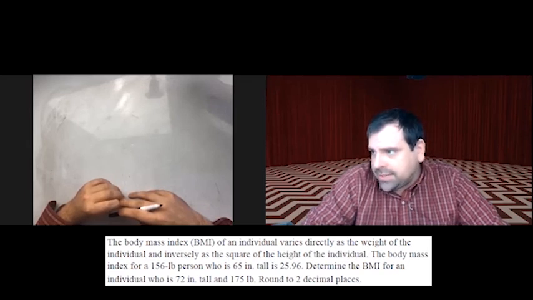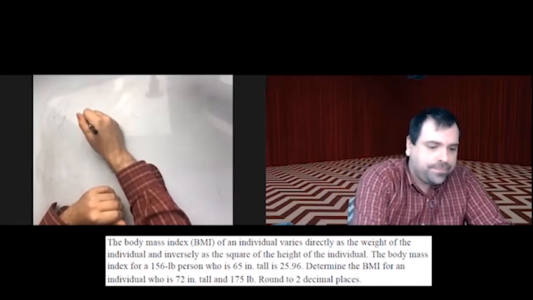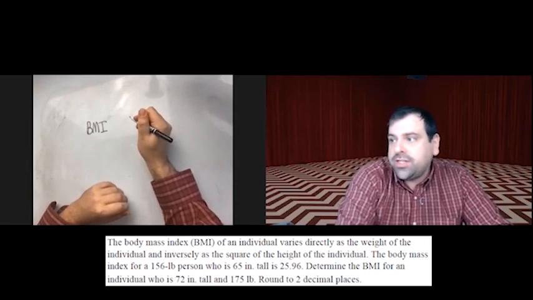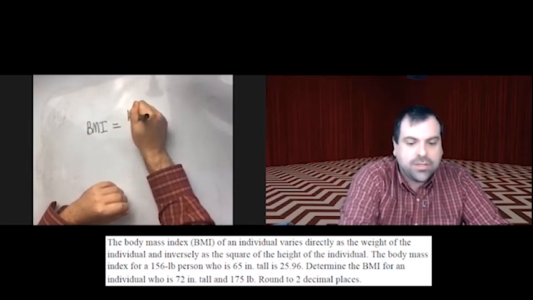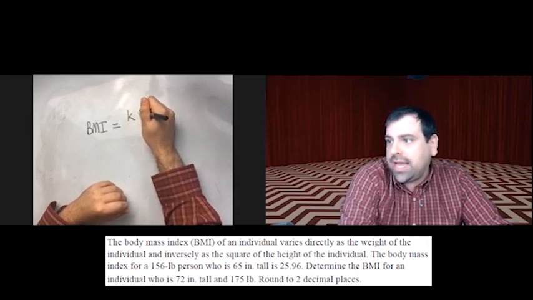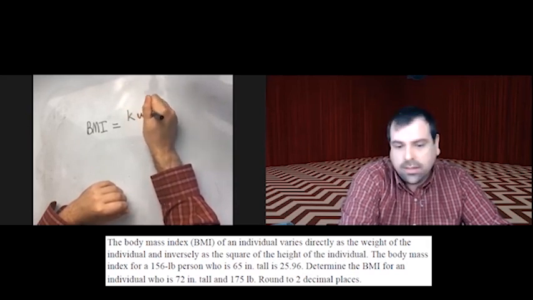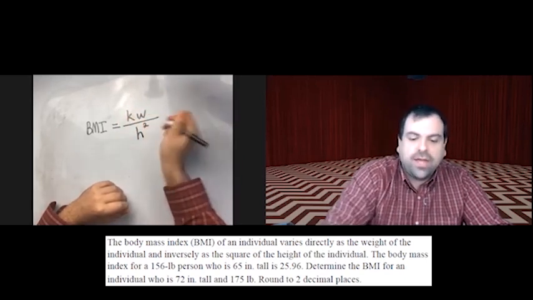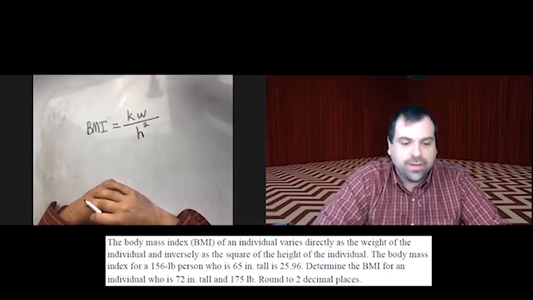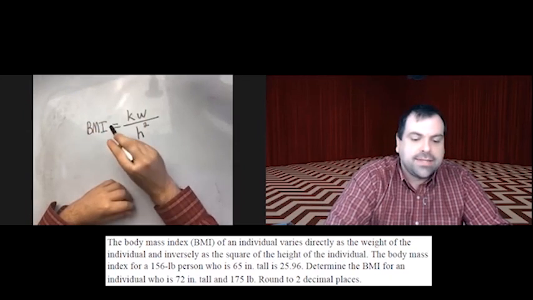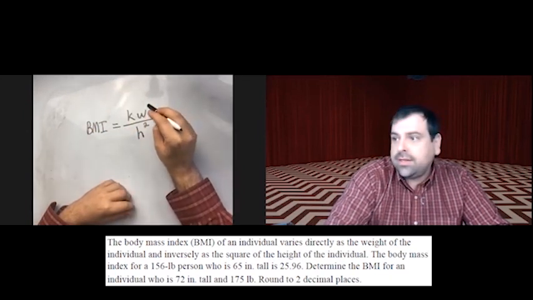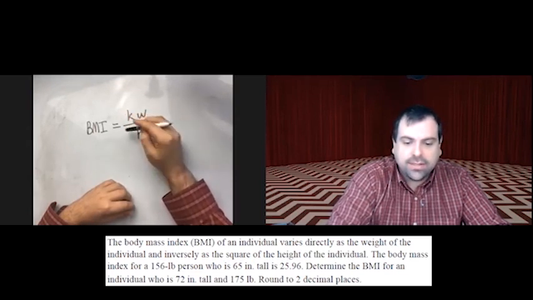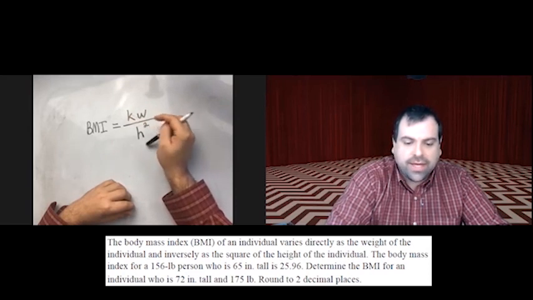So the body mass index, BMI, of an individual varies directly, so multiply by the K, directly as the weight of the individual and inversely as the square of the height of the individual. So the body mass index is varying directly as the weight and inversely as the square of the height.